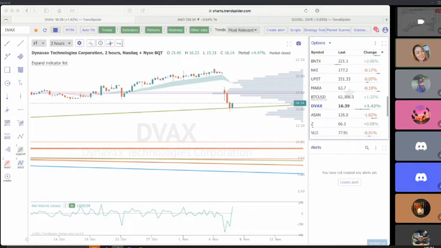On my other signals or other things that I'm looking at, I have Target and Roblox. Oh, and also Nike. Nike is going into the NFT play. Roblox, okay, I'm just going to add this here. Target, I have Trade Idea.